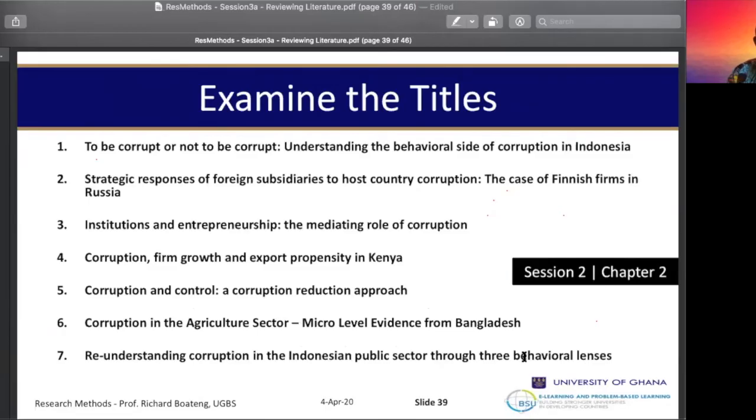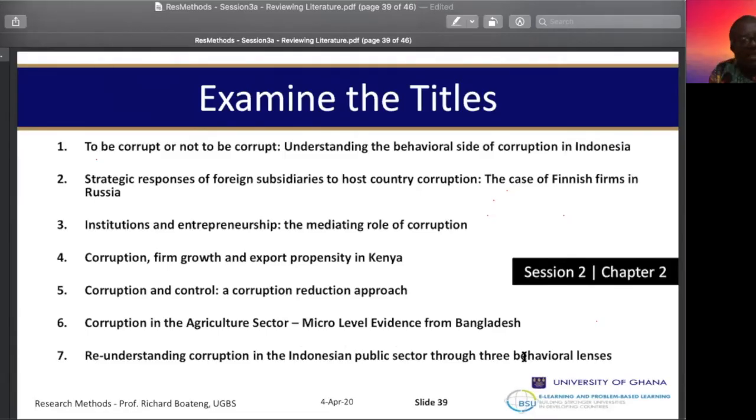To be corrupt or not to be corrupt: understanding the behavioral side of corruption in Indonesia. The topic is corruption. The context is Indonesia, but the contribution is the behavioral side, that subset that he has picked up. Next: Strategic responses of foreign subsidiaries to host country corruption: the case of Finnish firms in Russia.